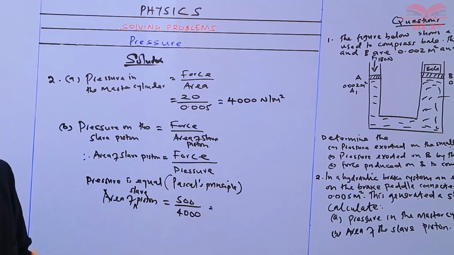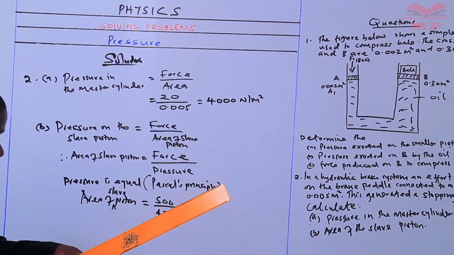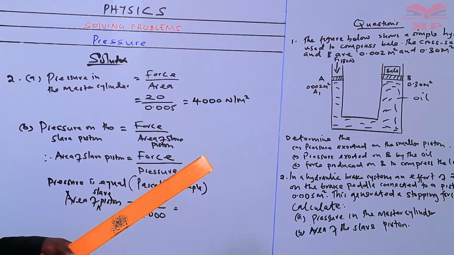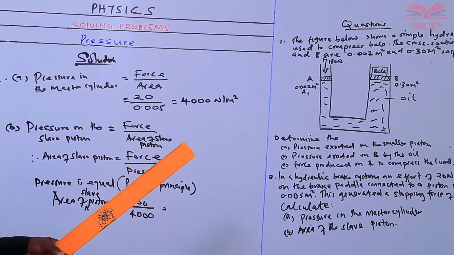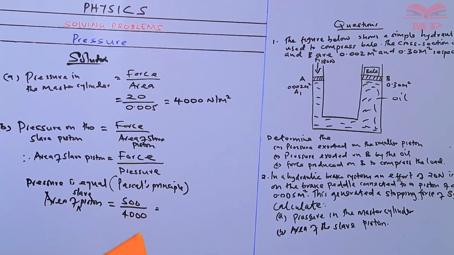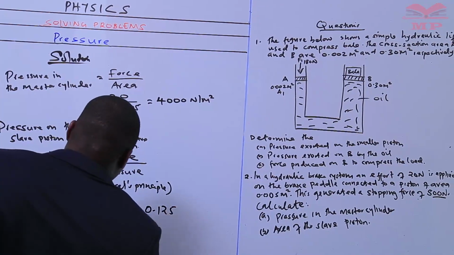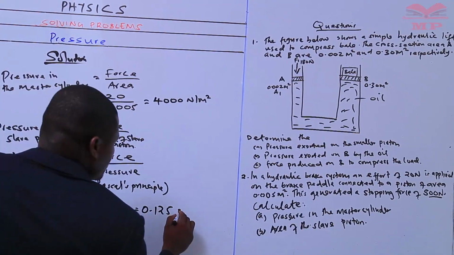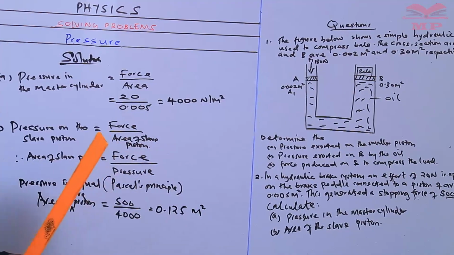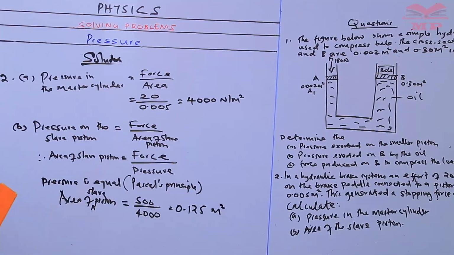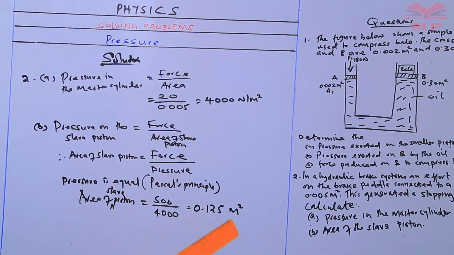So we take 500 divided by 4,000. It is giving me 0.125. This is area, so meters squared. This is the working of question 2.